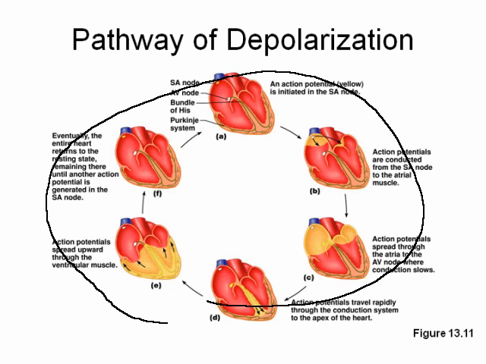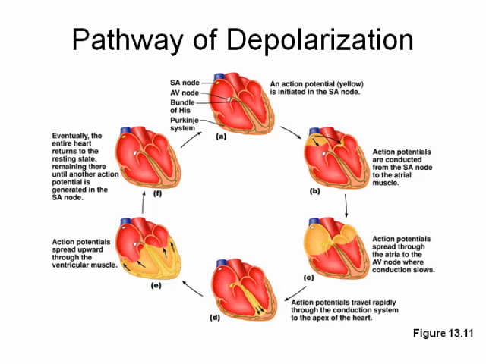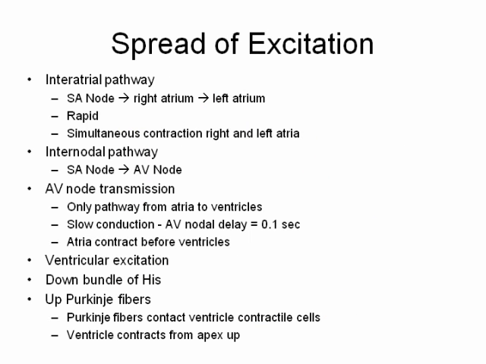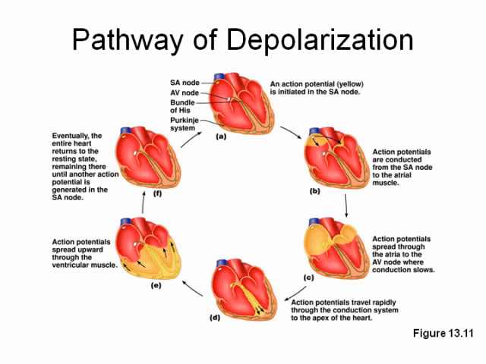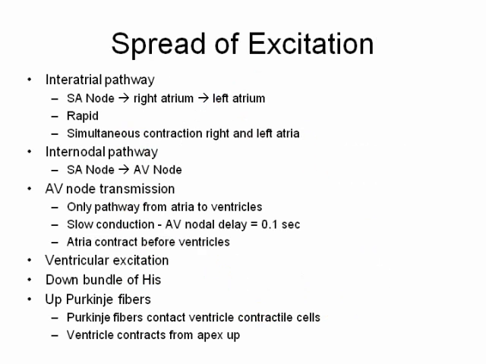Now, this pathway of depolarization diagram will be important when we get into part 2 of chapter 13, when we talk about the EKG. So the spread of excitation, and you pretty much need to go back and forth between this previous slide here showing it anatomically and the verbal version here, but you have the interatrial pathway, that is the SA node and the two atria, that the conduction here is very rapid, and it's simultaneous contraction of both the right and left atria together.